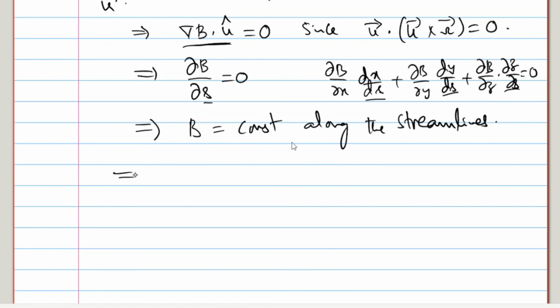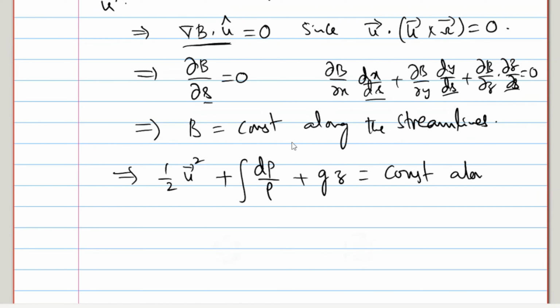So B is basically constant. So what is your B now? Half u square plus integral dp by rho plus gz equal to constant along the streamline.